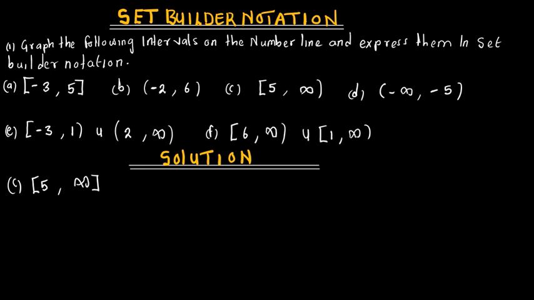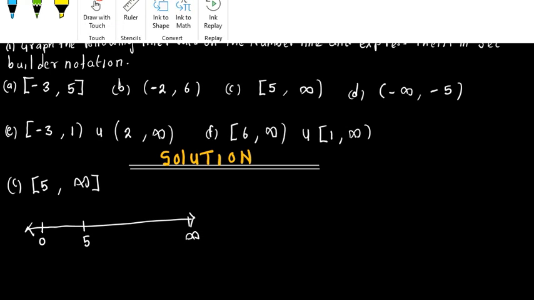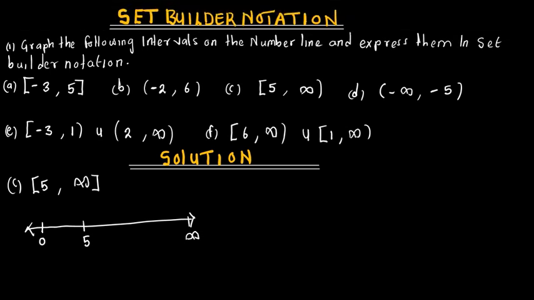Now look at this. On the real line, this is going to be expressed in this form. We can have some 0 here. We have positive 5. We have positive infinity. How is the range going to be? Look at this.